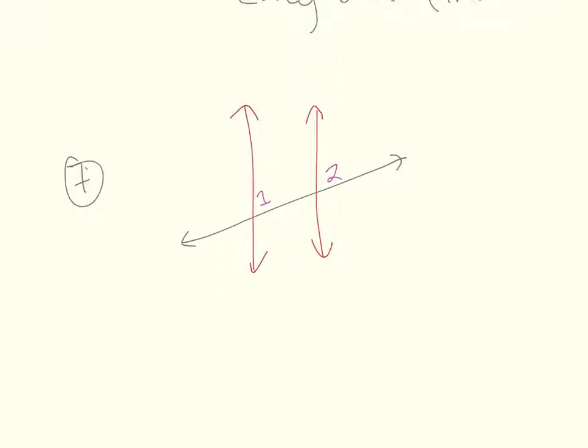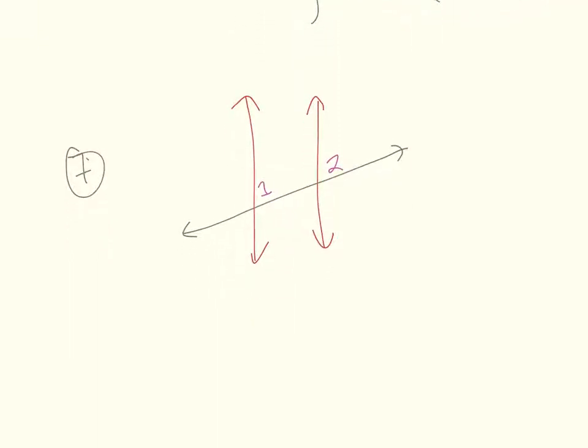And the measure of angle 1 is equal to 45. So since they're corresponding and corresponding angles are the same, or congruent, this one also has to equal 45 degrees. So then they ask you, okay, find the value of x in this statement.